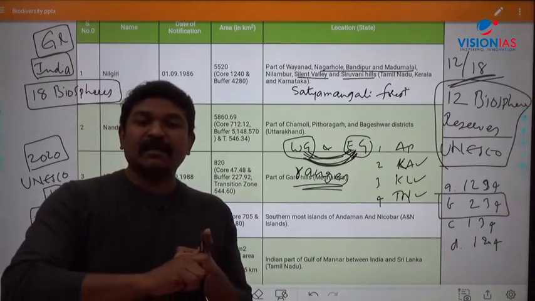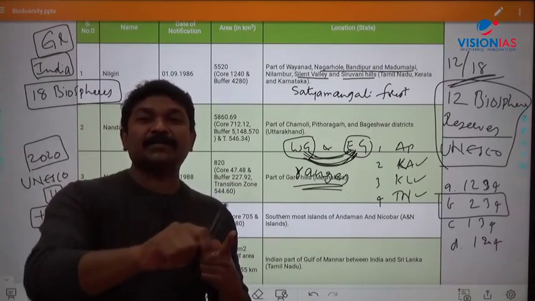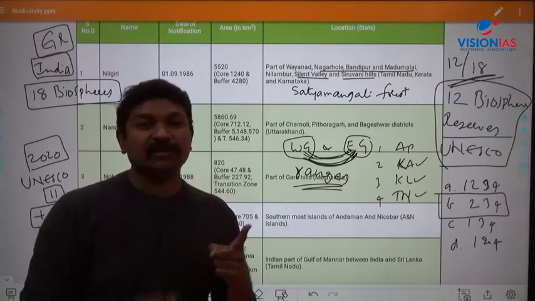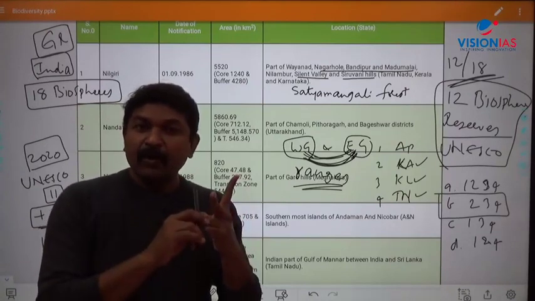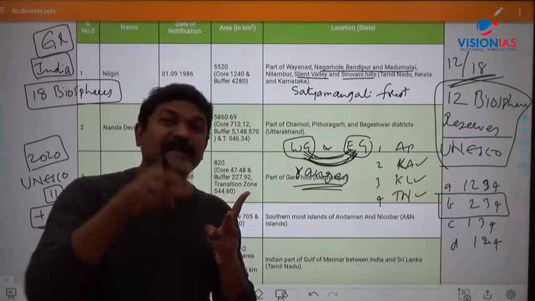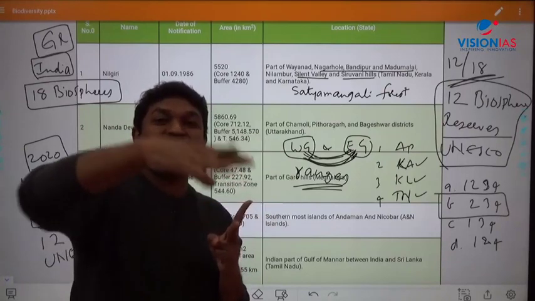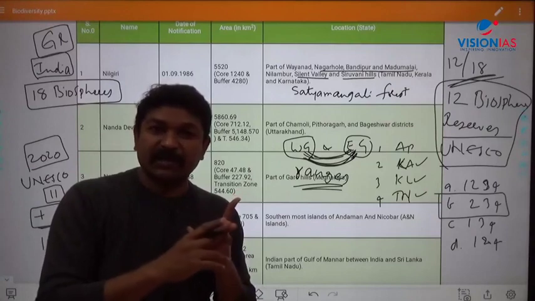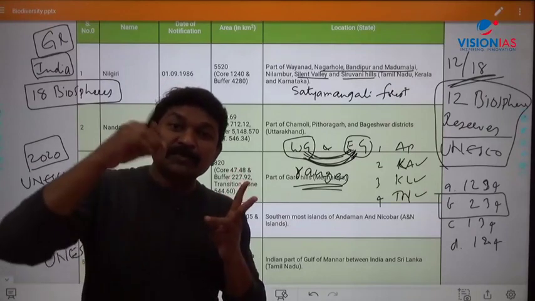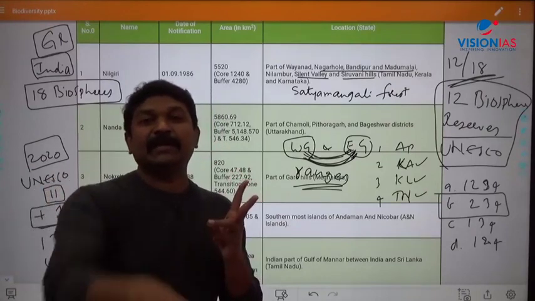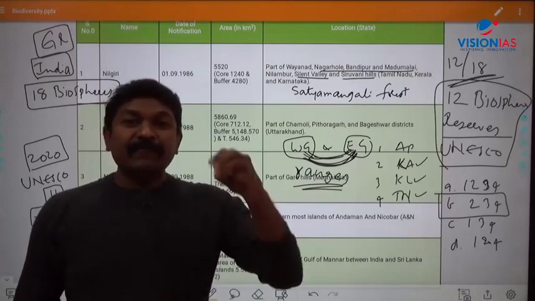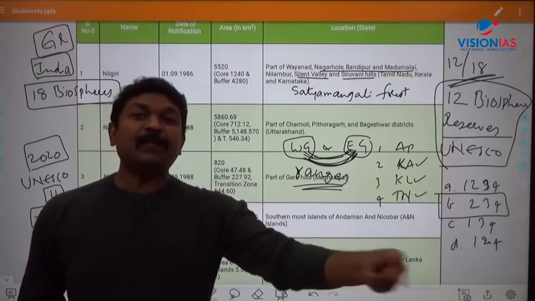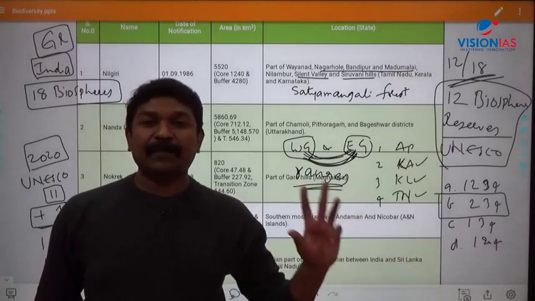Knowing just in which state the Nilgiri Biosphere Reserve is located is not sufficient right now. Knowing up to what extent it is extended is not sufficient either. Now it goes to specific parts of Nilgiris. In which part of Nilgiri, which important and unique factor is happening there?